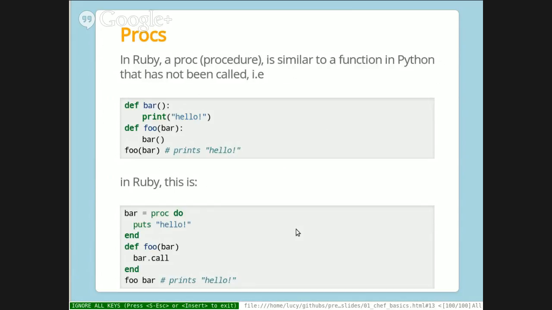We can pass it here, and then this bar.call I'm reasonably certain just calls this. So saying foo bar would call foo, but pass it the argument bar, and then foo calls bar, or calls the function that's passed to it. Sort of like JavaScript a little bit, right? And also Python, passing functions to other functions.